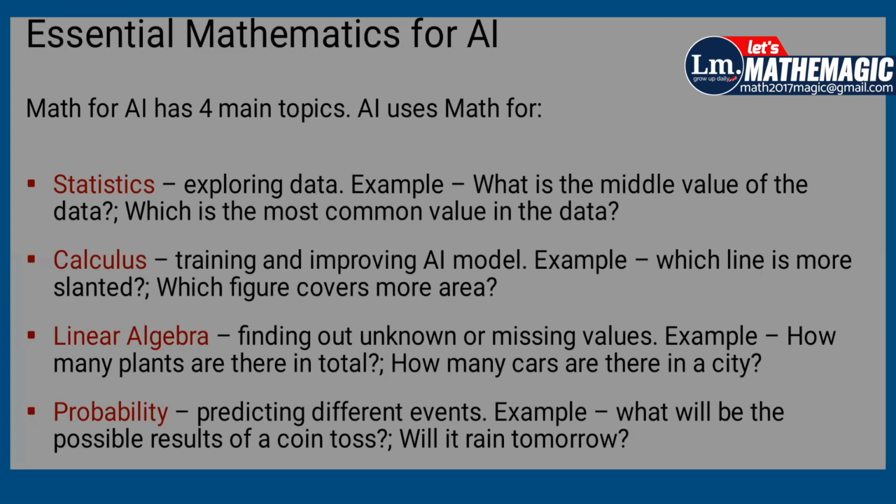These are the 4 most important subdomains of mathematics that you have to learn if you actually want to learn how AI works. All of you need to understand one thing very clearly: we are using AI, but we don't know how AI is actually working and how AI is actually helping us. That we need to know.